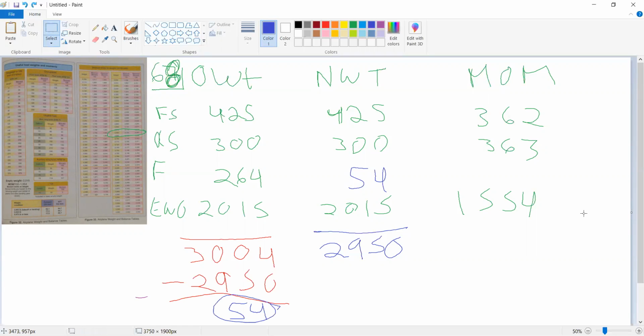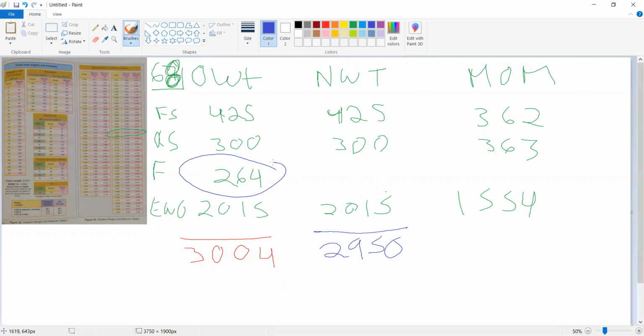It's 54, but it should be 54 less than 264. It needs to be 54 pounds lighter. So 54 pounds lighter than 264 would be 210. That makes more sense.